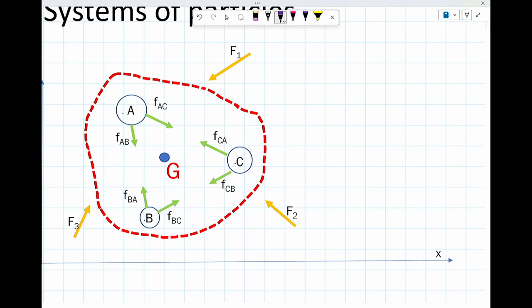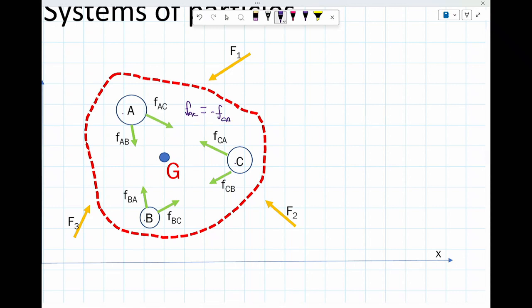If they're internal forces, I will have a force of particle A on particle C, and an equal, opposite, and collinear force of C on A. So if I've done this correctly, all of my internal forces will cancel, because force of AC is equal to negative force of CA.